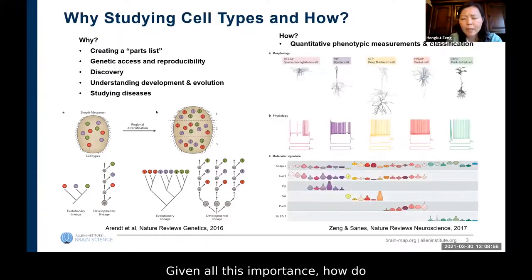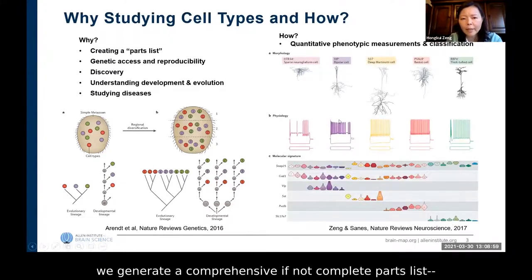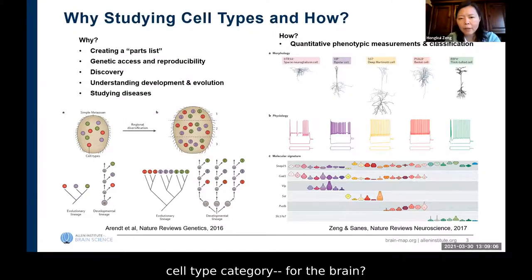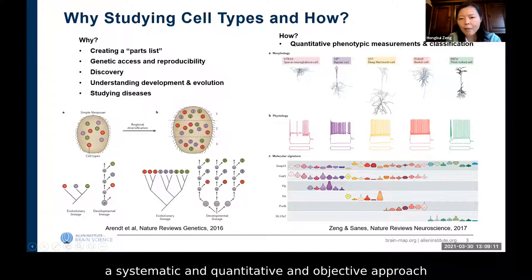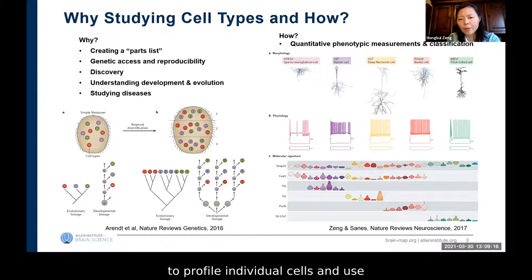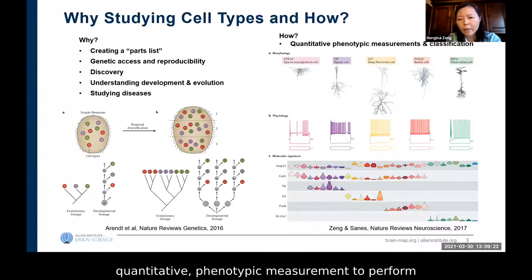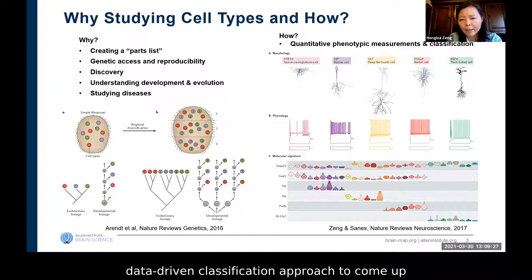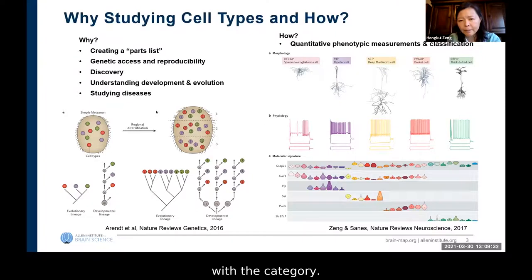Given all this importance, how do we generate a comprehensive, if not complete, parts list, a cell type category for the brain? We believe that it is important to take a systematic, quantitative and objective approach to profile individual cells and use quantitative phenotypic measurements to perform a data-driven classification approach to come up with the category.